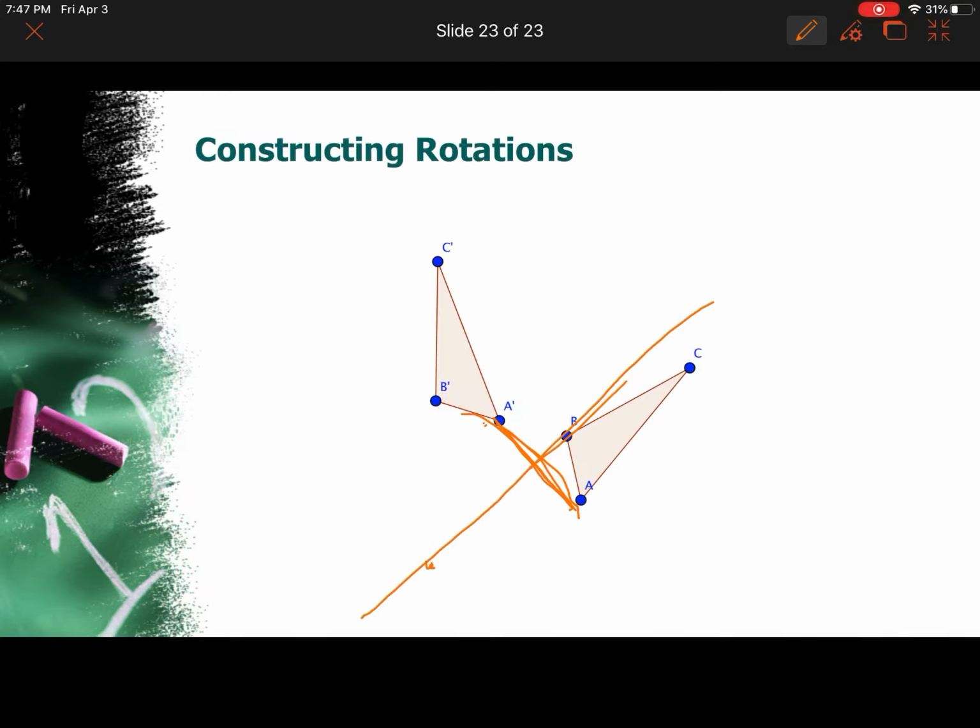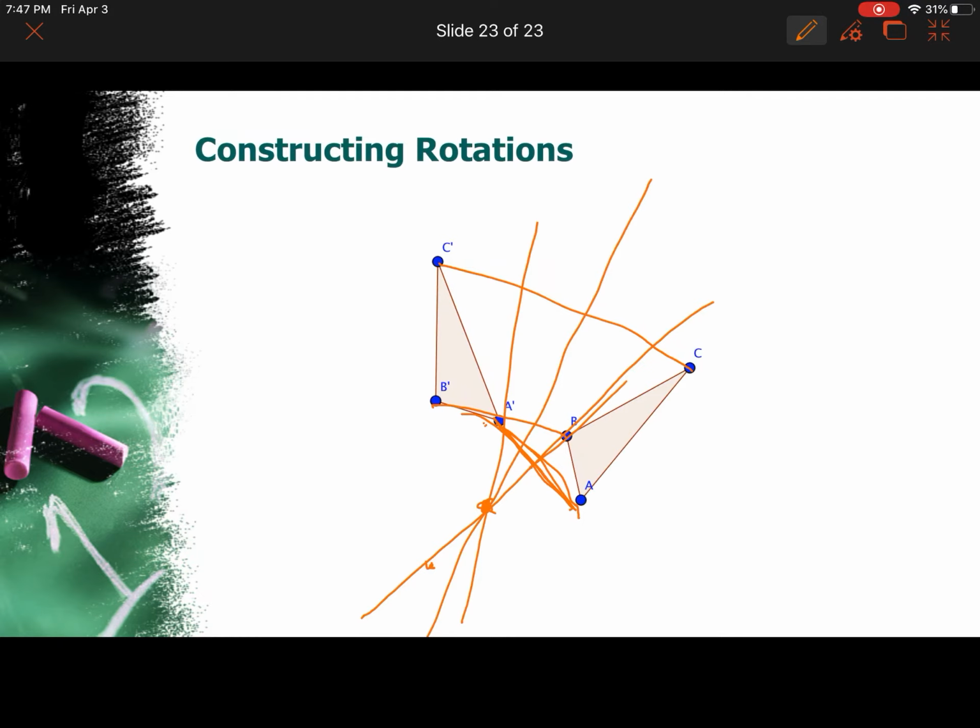You know how to create a perpendicular bisector with your compass, right? Then we would have this one and the perpendicular bisector, and this one and the perpendicular bisector, and those will all go through one point. And that is the center. So it's the perpendicular bisectors between the image and the pre-image that give you the center.